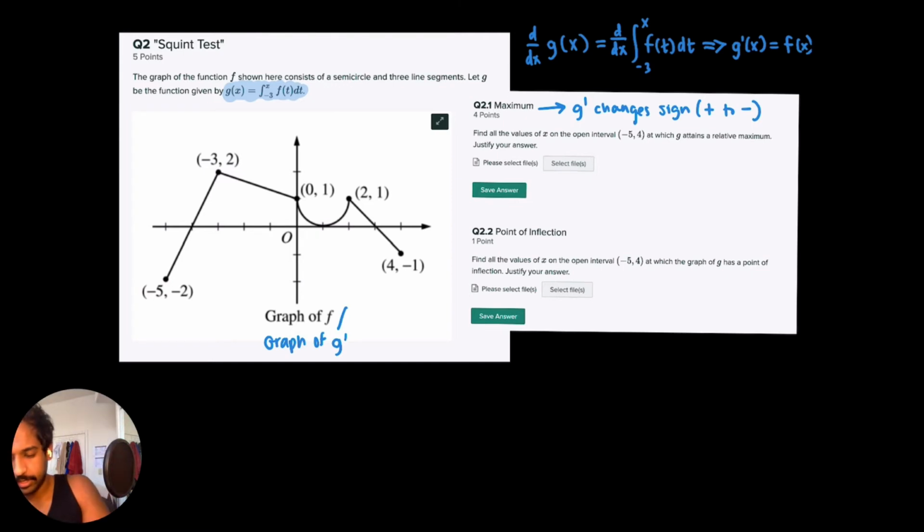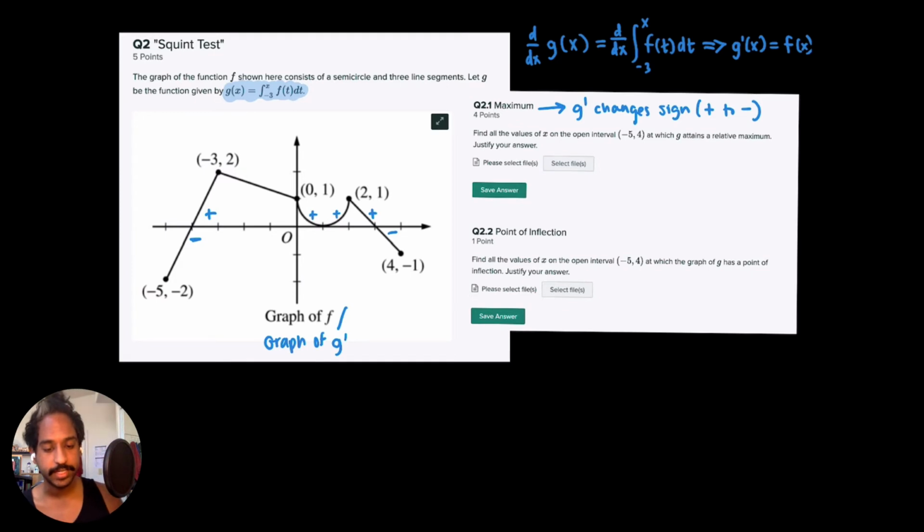And so here I see, okay, this goes from negative to positive, so that's not what we want. At x equals -5, that doesn't count. At x equals 1, it goes from positive to positive. But at x equals 3, I see that it goes from positive to negative.